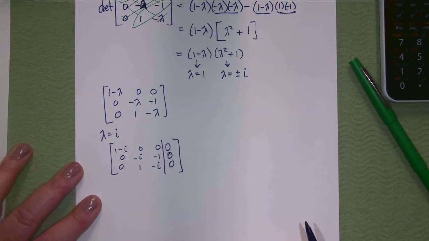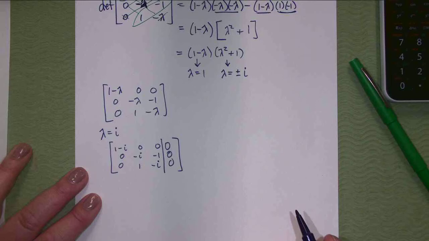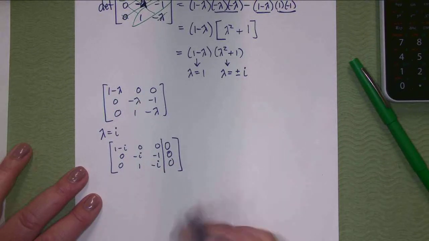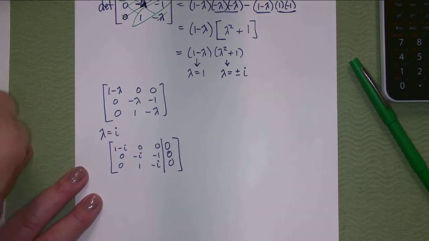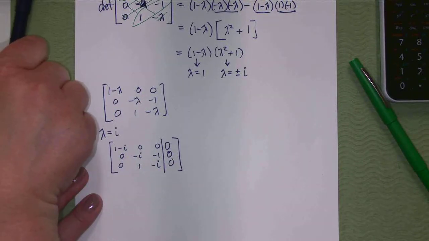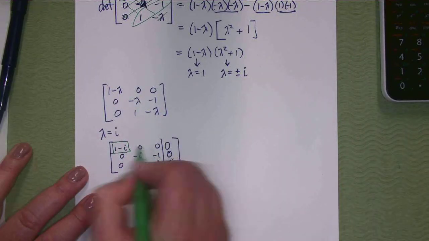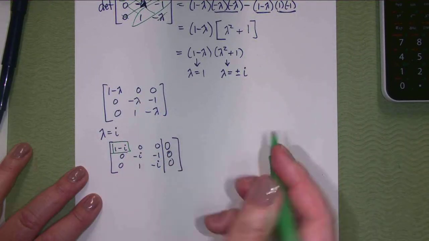Zero, zero, zero. What's our first step? We need a 1 in that top corner, and this time I don't have one to switch. So you do have to divide by. Pretty easy though, right?